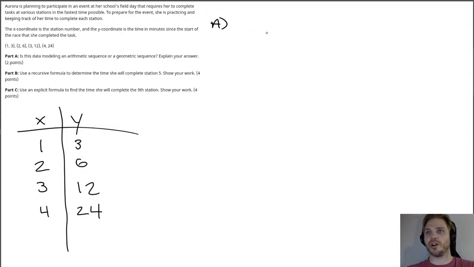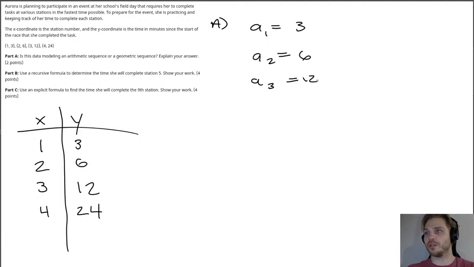Let's recall that arithmetic sequences have a common difference, D, and geometric sequences have a common ratio. So that's really important. And if you'll notice, our first term, let's call it A1, is 3. A2 is 6.